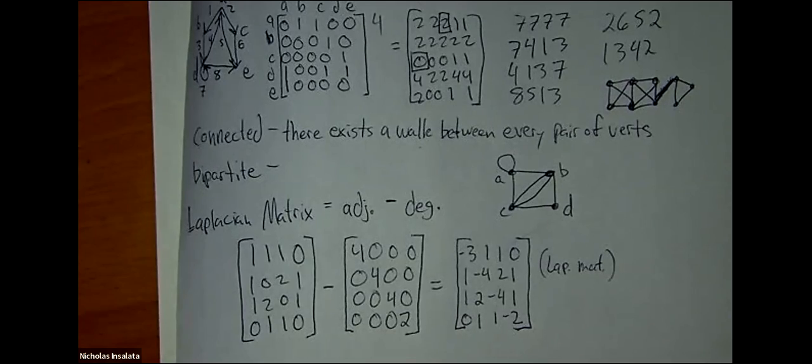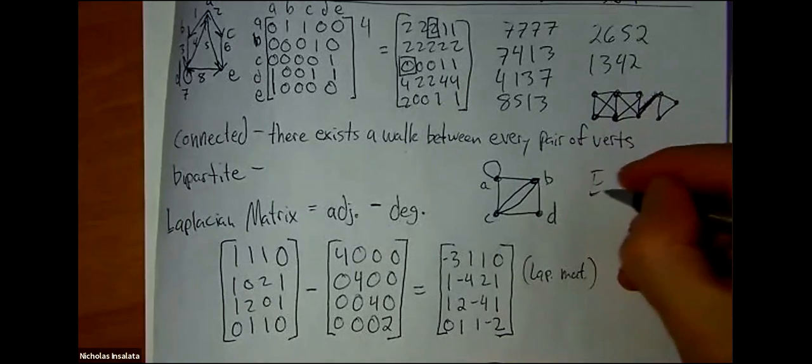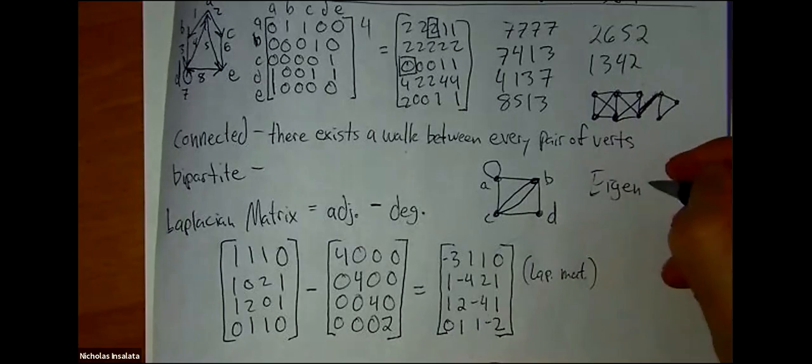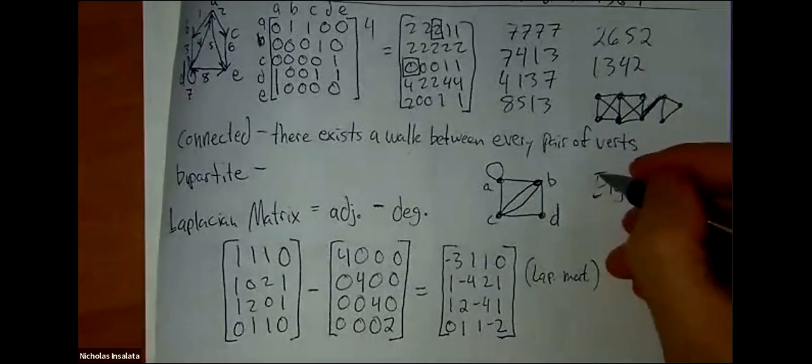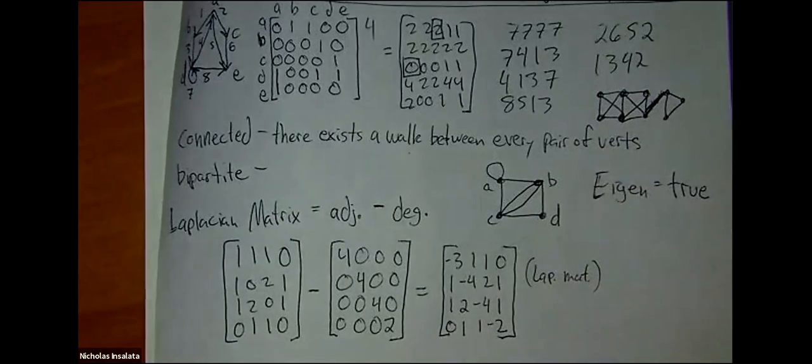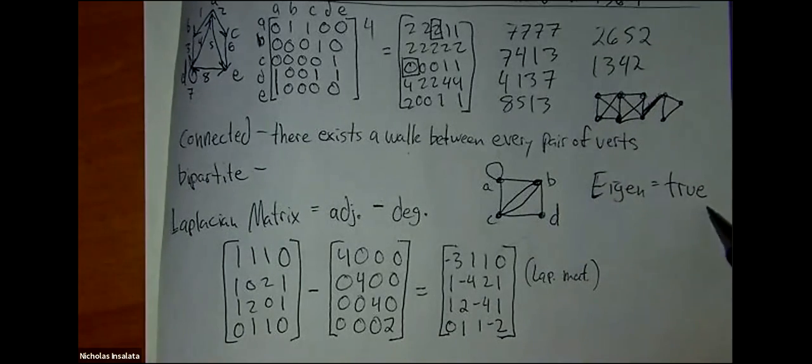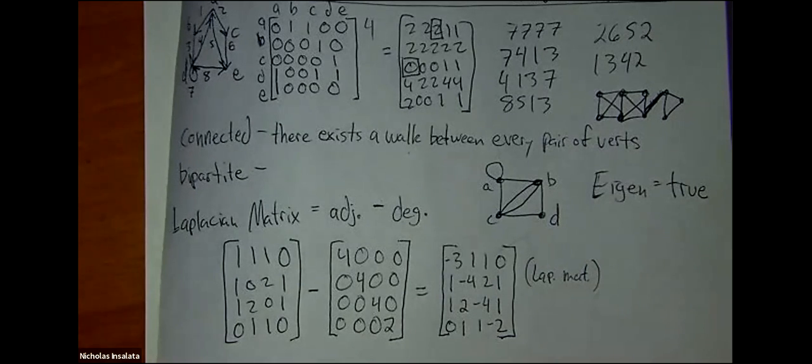In German, the word eigen means true or essential. So an eigenvector is a true or essential vector of the matrix. And what that means is it's a vector that remains unchanged in its direction by the matrix transformation.